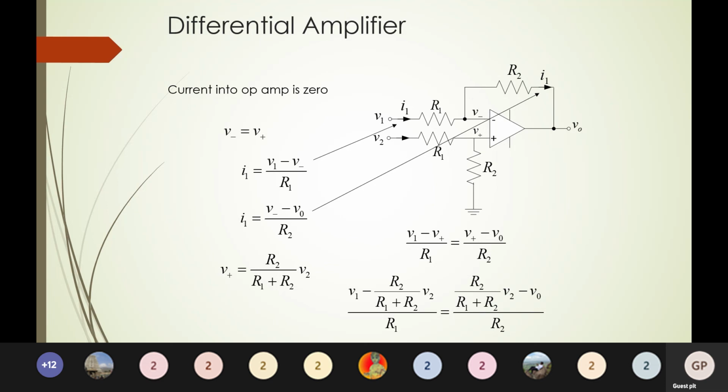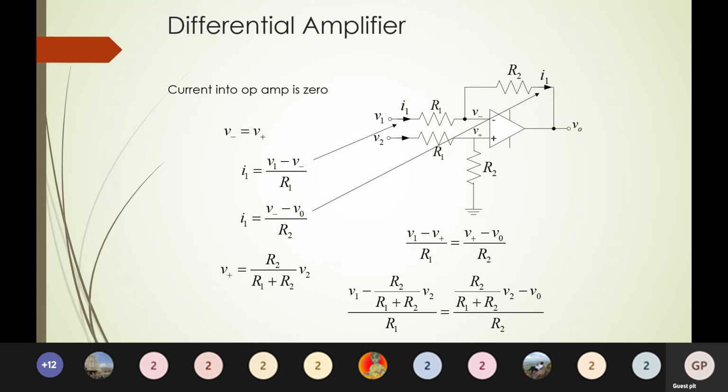From the feedback point of view, I1 is equal to (V minus minus V naught) divided by R2. Both are expressions for I1 only, so I can compare them.